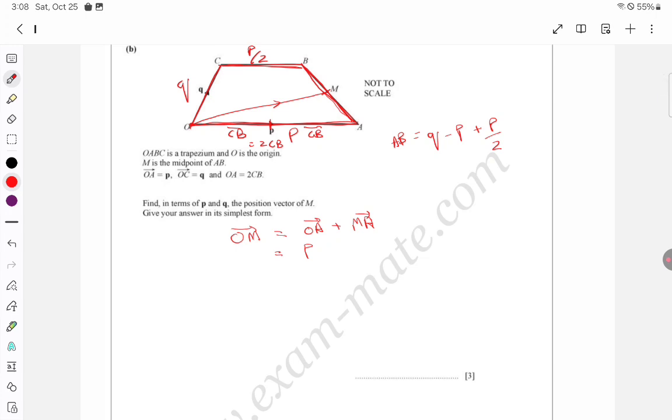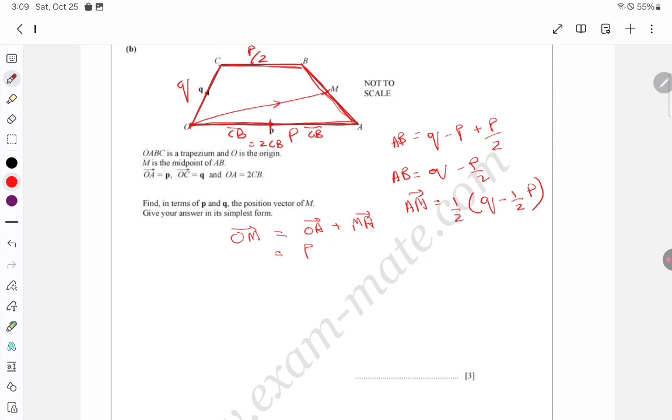By that, AB is equal to negative P plus half P. It will become negative of half P. Now the AM is again half of the AB, so we can say that AM will be half of AB, which is Q minus P half.